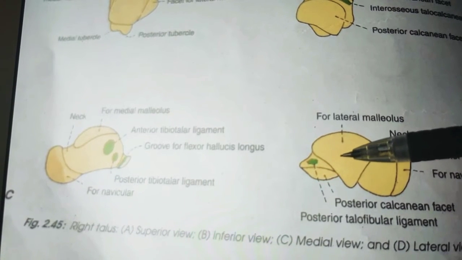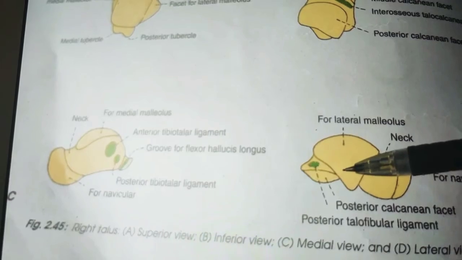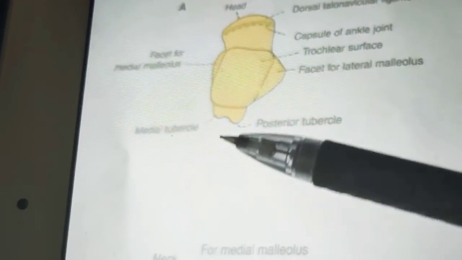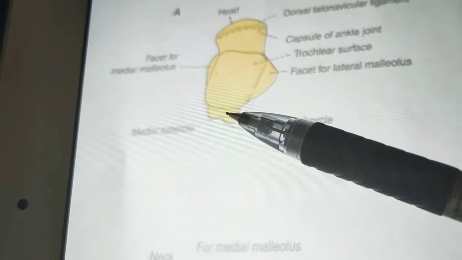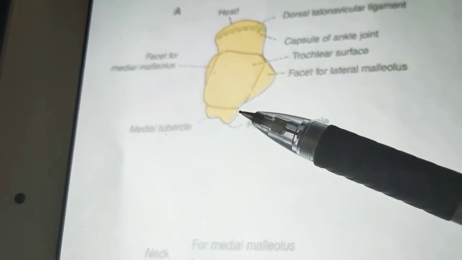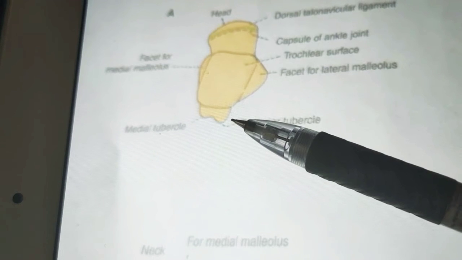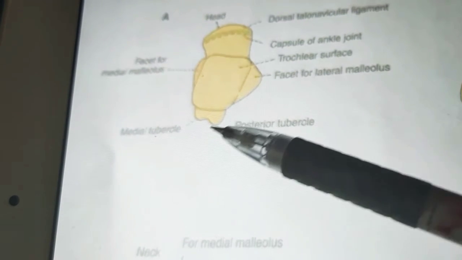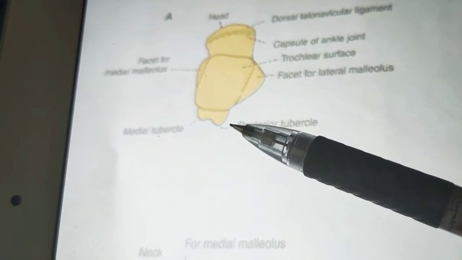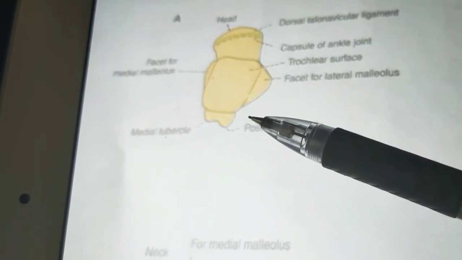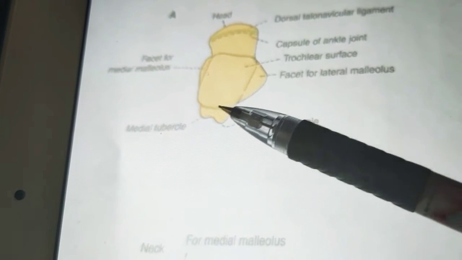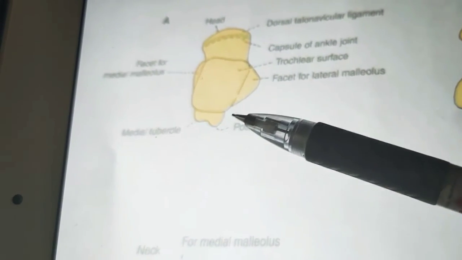In this diagram you can see the oblique groove, and the medial tubercle, and laterally the posterior tubercle. The posterior tubercle is also present and occasionally separate, and this is called the os trigonum.